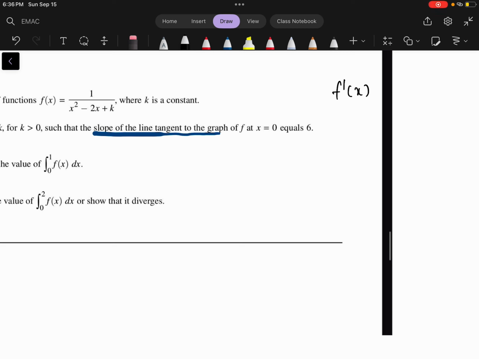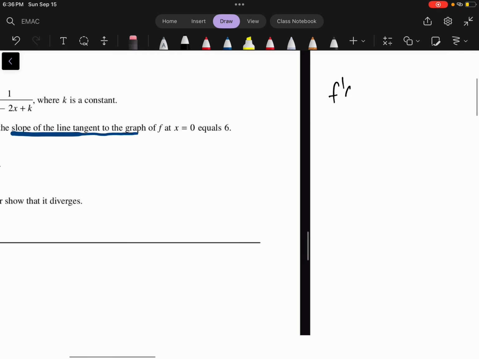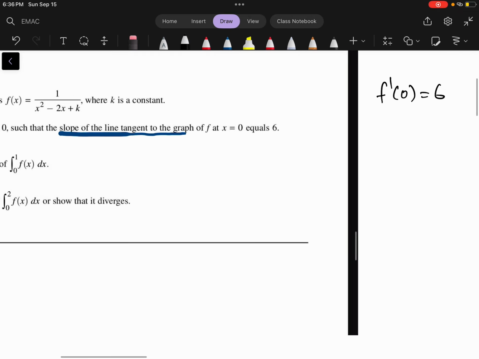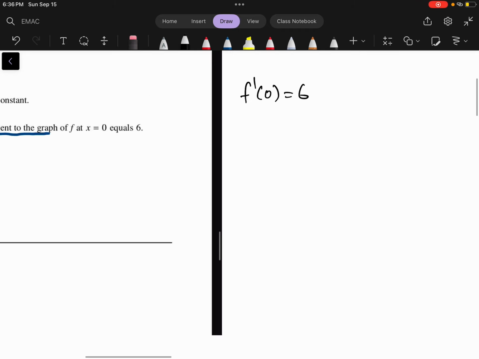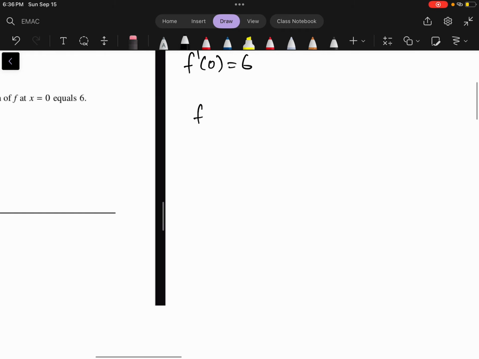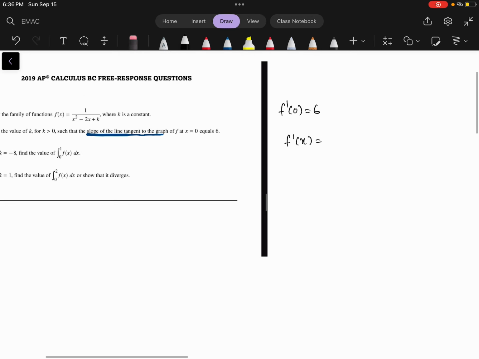So f prime of 0 equals 6. Since we have f of x, we'll first figure out f prime of x. That's d over dx of 1 over x squared minus 2x plus k.